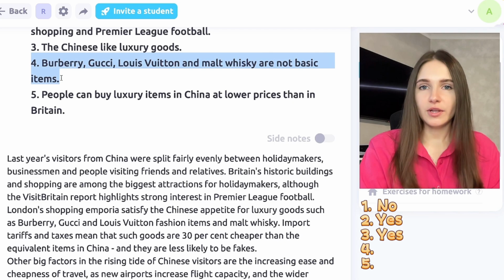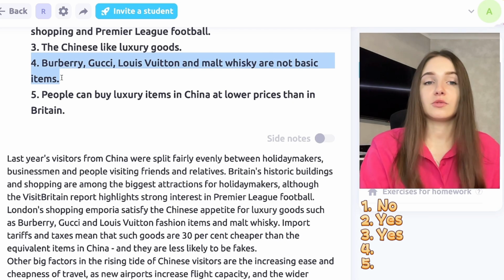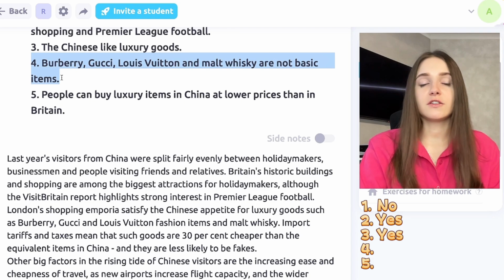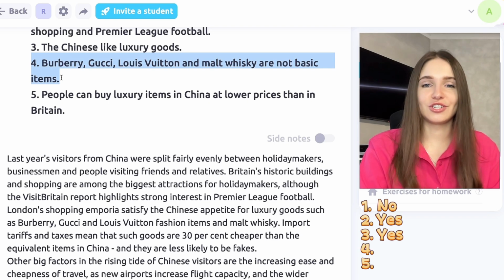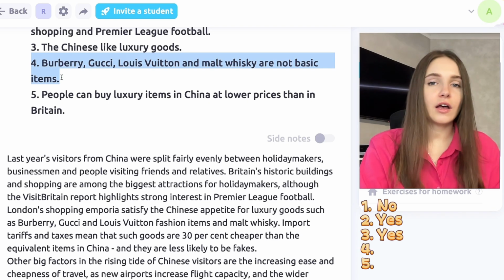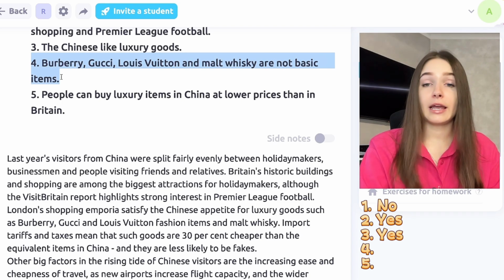Okay, so let's take a look at the fourth one. Burberry, Gucci, Louis Vuitton, and malt whiskey are not basic items. So this one is difficult because we risk making assumptions, because we know that Burberry, Gucci, Louis Vuitton are not basic, that we can live without them. So what might be basic items? How can it be rephrased?